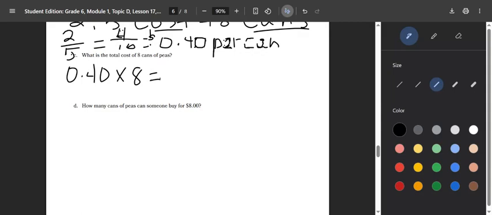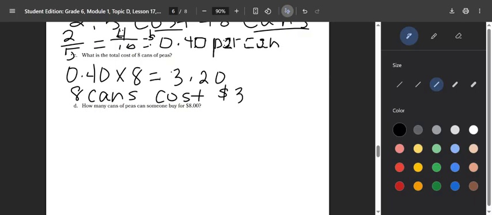And 40 cents times 8 is going to be 3.20. Make it go to the hundredths place because it's money. So the cost of 8 cans is $3.20.